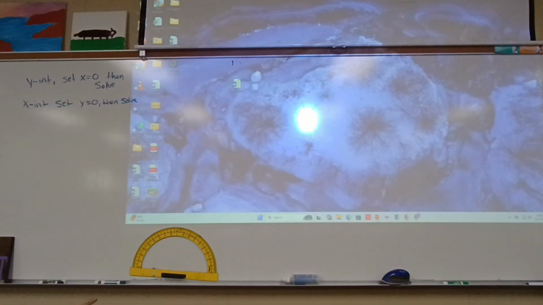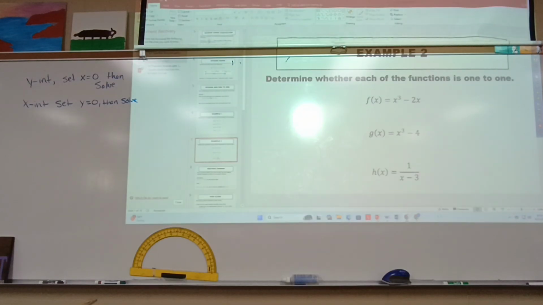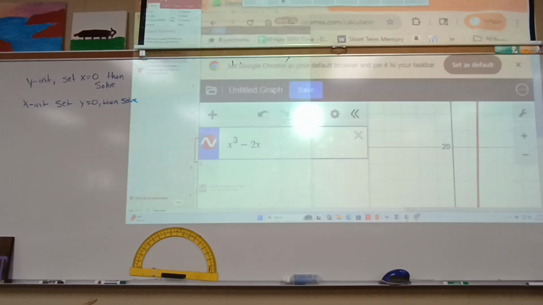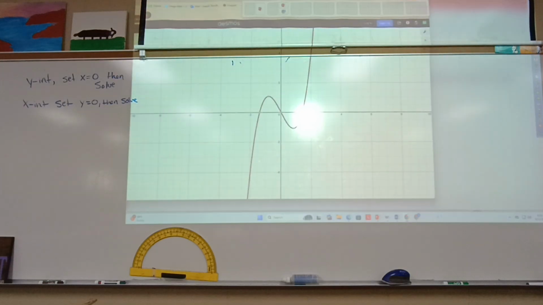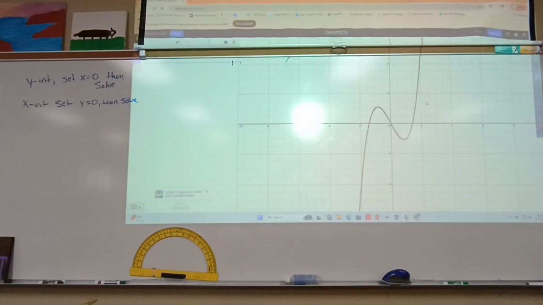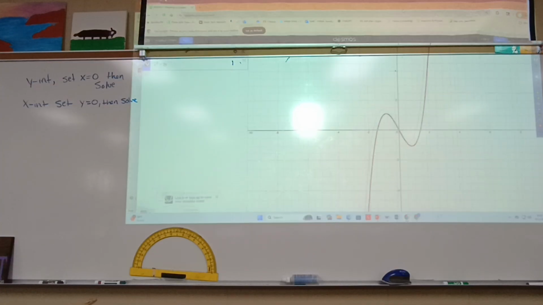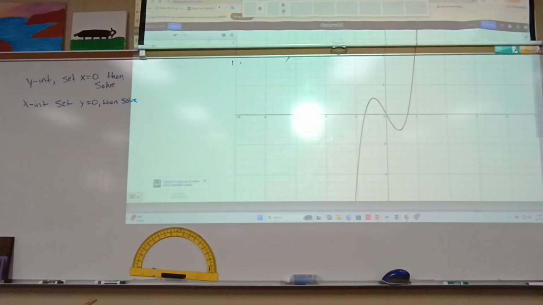Let's graph the one and see what it looks like. So what we got, x to the 3 minus 2x. That's what that one looks like. Is that 1 to 1? No. Hits more than once. What's the other one? x to the 3rd minus 4.